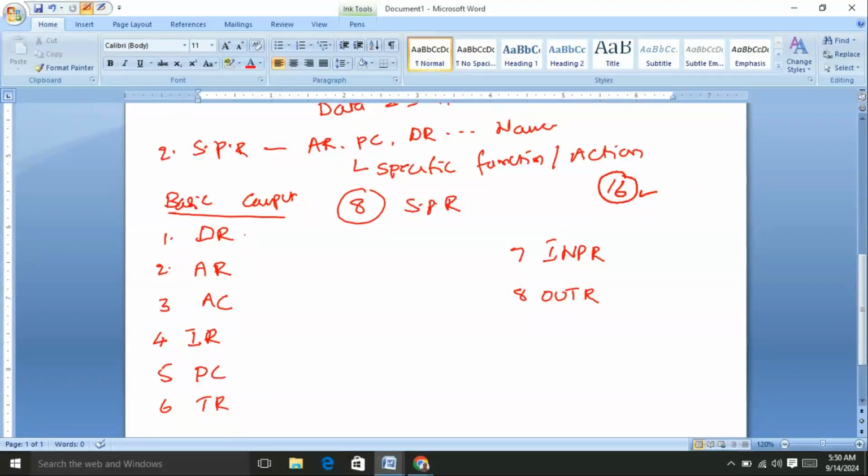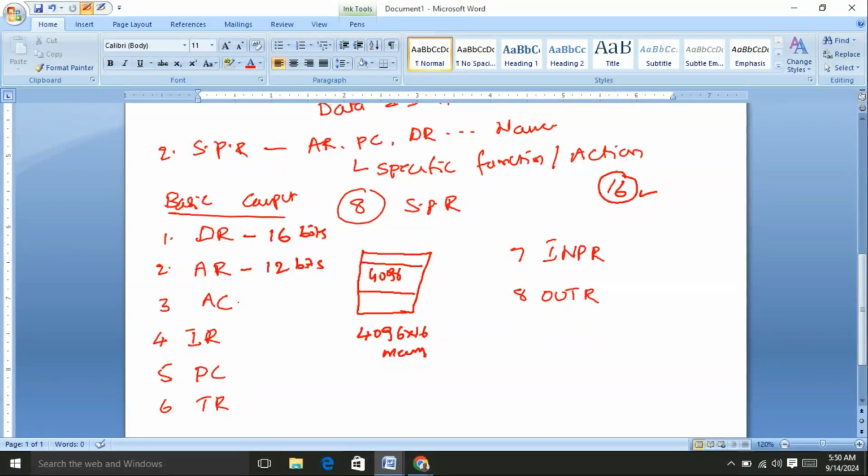Here the data register DR consists of 16 bits. The address register AR consists of 12 bits, right? Because we know that the basic computer consists of 4096 words of memory, and each word consists of 16 bits length. We write that as 4096 by 16 memory capacity, right?